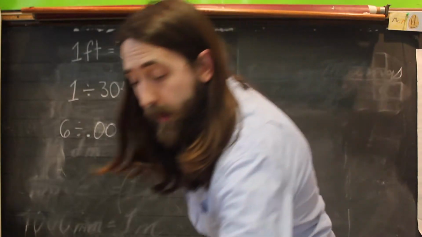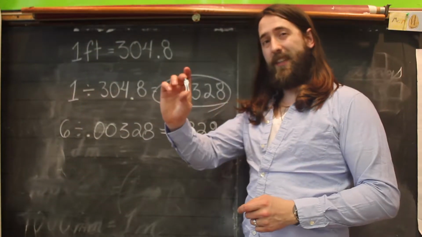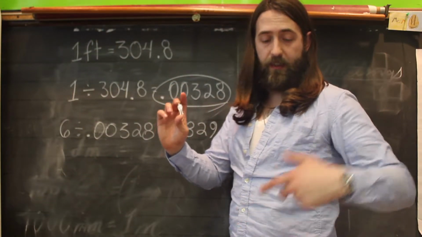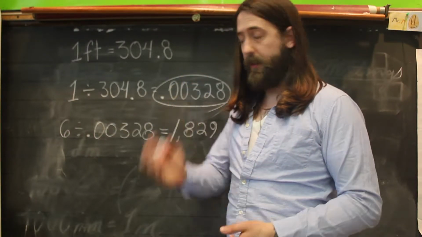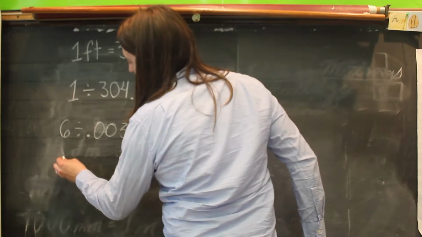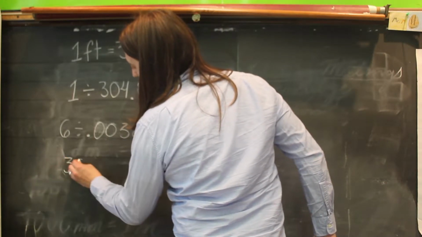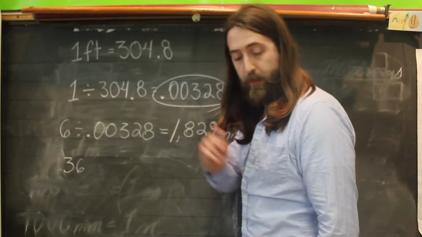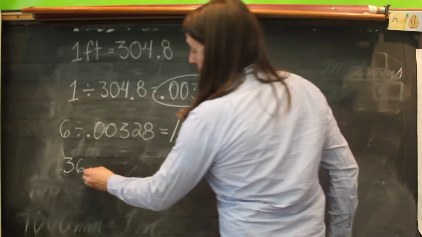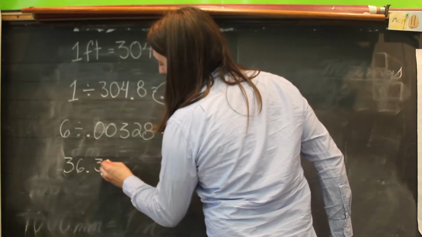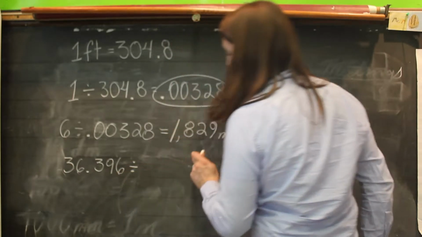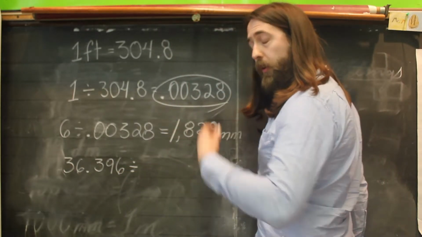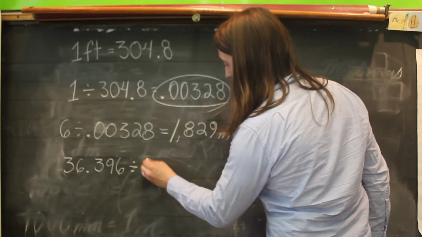And now I actually have the height of this file, and the height of that file is 36 and 396 thousandths. What I'm going to be doing now is I'm going to take that height of my casual male and divide it by the height in millimeters of a 6 foot tall person.